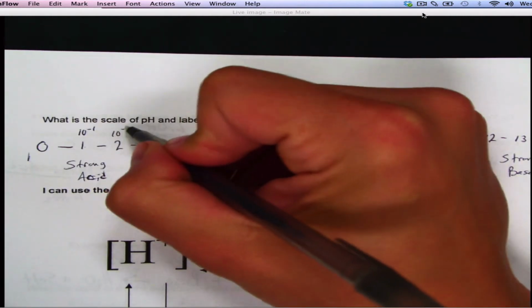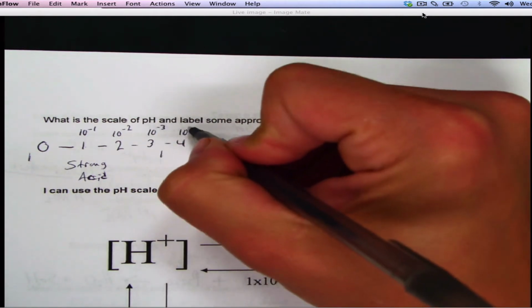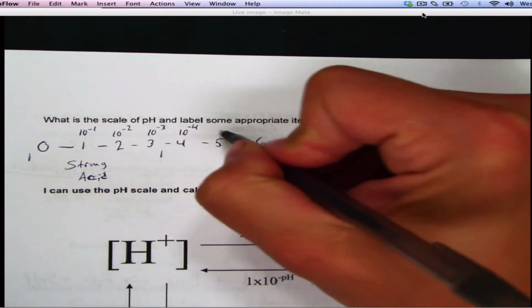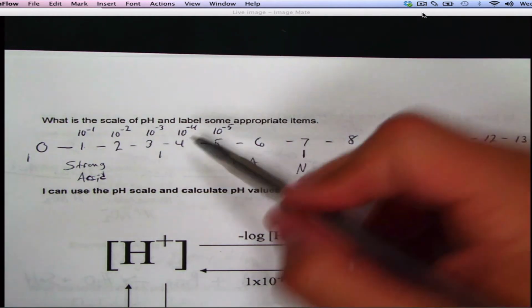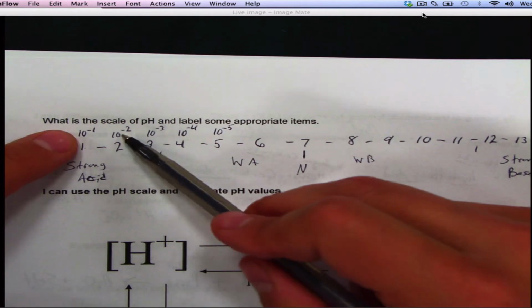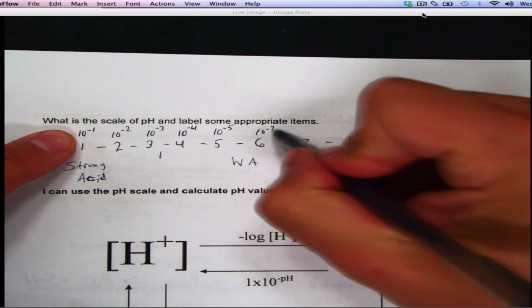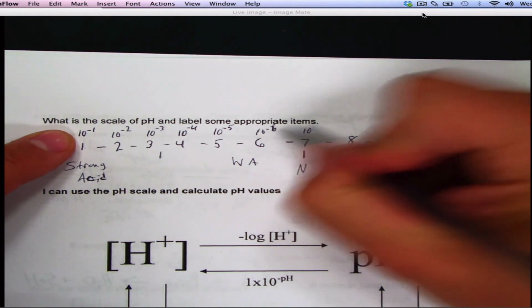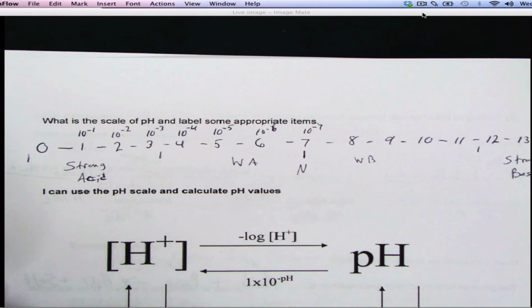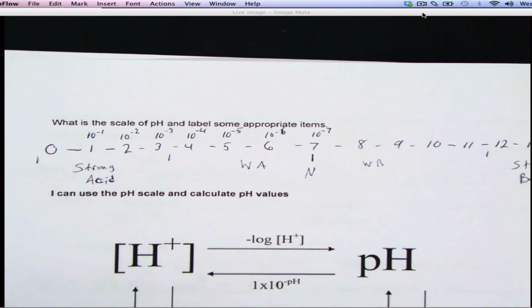This would be 10 to the negative 2, 10 to the negative 3, in concentration, in logs I'm talking about here, 10 to the negative 4, 10 to the negative 5, and so on and so forth. So these numbers actually coincide with logs and concentrations, all the way up to 6, 10 to the negative 7, all the way up to 14. Those numbers will come in handy when we start dealing with calculations.